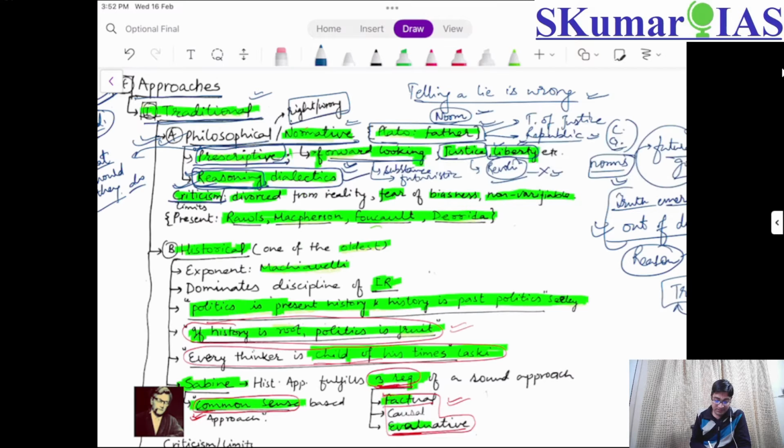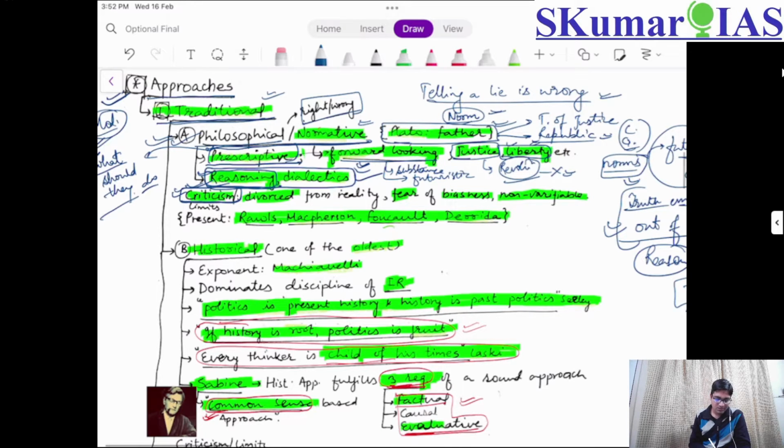Then what are the criticisms? As we saw in the meaning of political theory, political theory is the most democratic discipline. Most democratic means that it is always open for criticism, which is also called the principle of falsification.